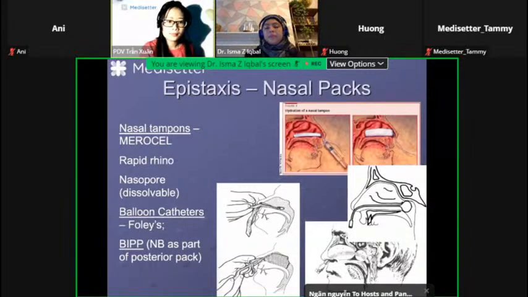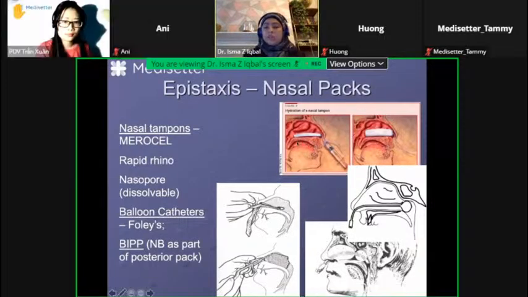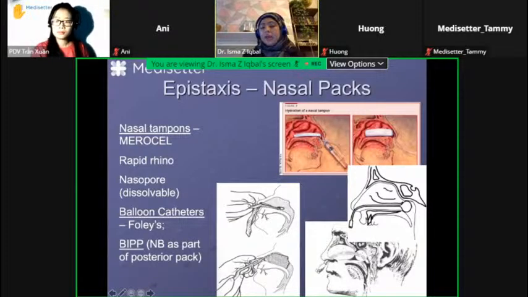This one here is something called a rapid rhino, which has a balloon inside and then it goes on top.